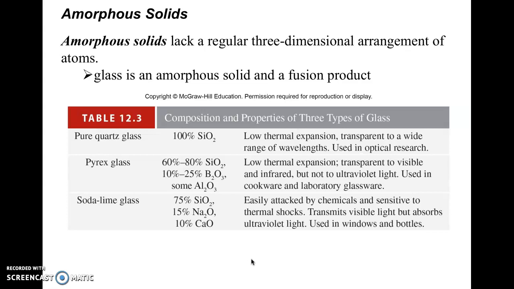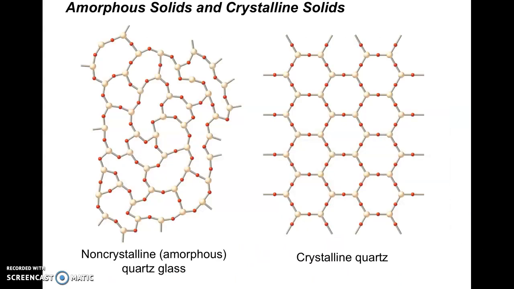And then soda lime glass is what we call cheap glass, and it has silicon, sodium, and calcium in it, and you can see it's used in windows and in bottles. But it's all amorphous. It doesn't have a nice crystalline structure, and this quartz crystalline structure is generally seen as semi-precious stones. These can be things like amethyst and citrine and emerald.